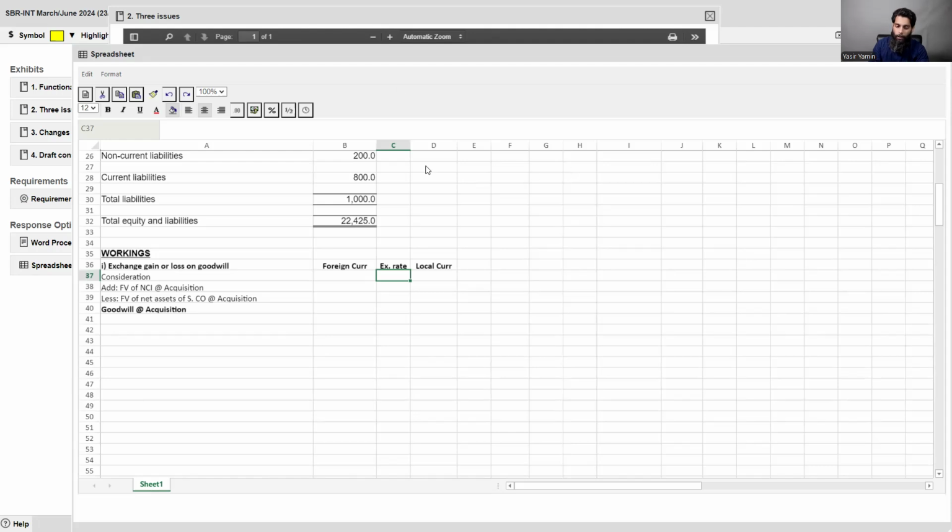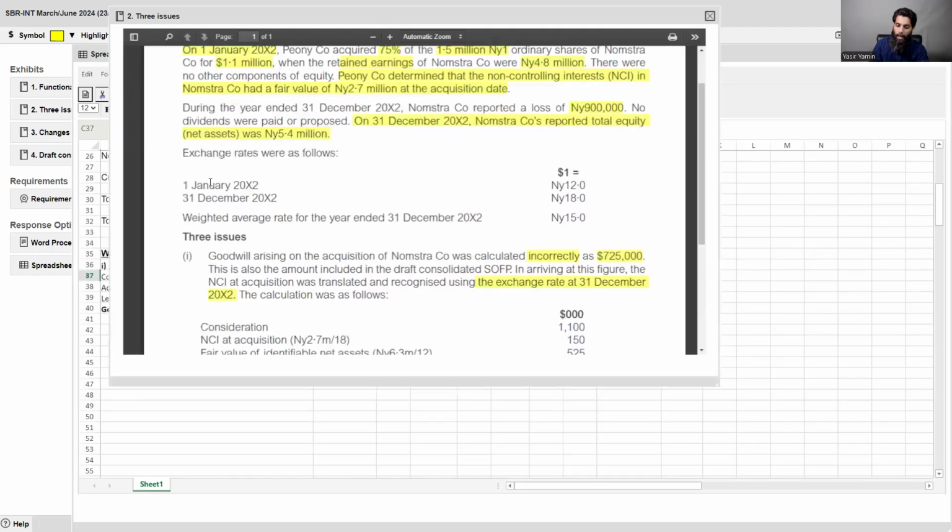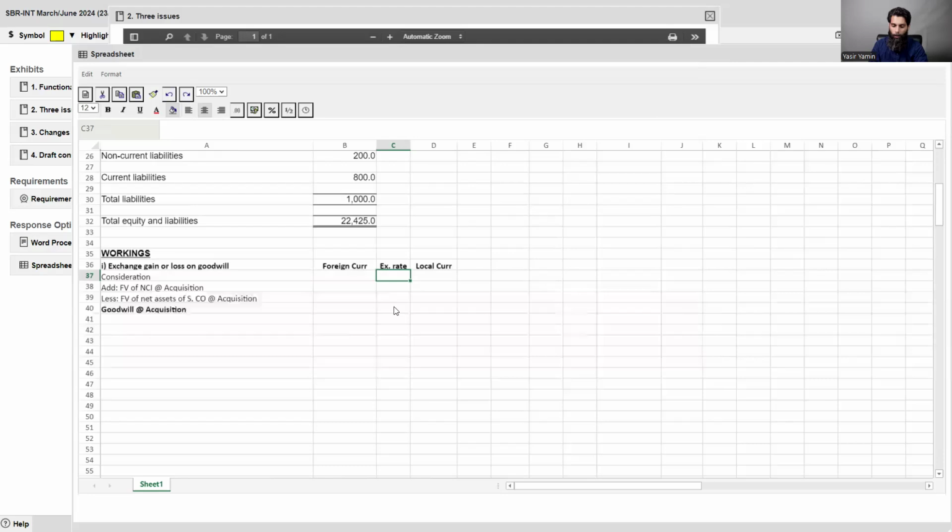And if you go and see, we made the acquisition on 1st January X2, and at that date, the exchange rate was 12. So for everywhere, the exchange rate is 12. Make sense? And once you have calculated goodwill at the date of acquisition, remember I read the point number 2 as well. I know for sure that there has been an impairment during the year.